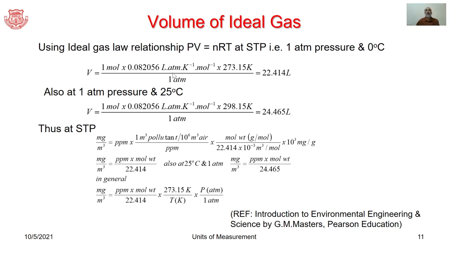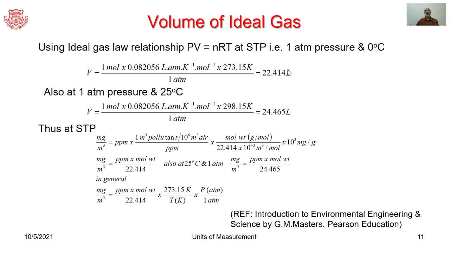In order to determine the volume of an ideal gas by making use of the relationship PV is equal to nRT at standard temperature and pressure, the volume will be equal to nRT by P. n here is 1 mole, R is the value we already have, the standard temperature on Kelvin scale is 273, whereas the pressure is 1 atmosphere.